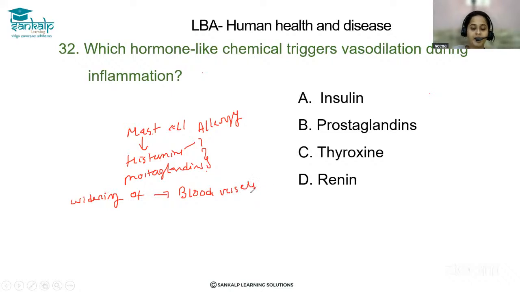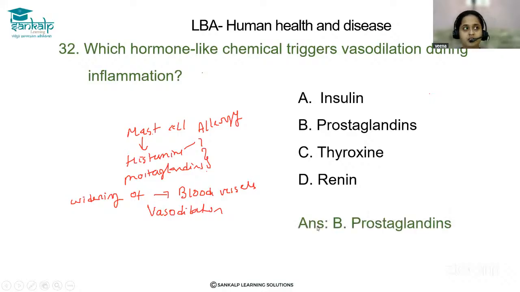There will be a widening of blood vessels. So this is called vasodilation. Okay. That is due to the release of prostaglandins from the mast cells. So the correct answer is here, dear student, option B, that is prostaglandins.